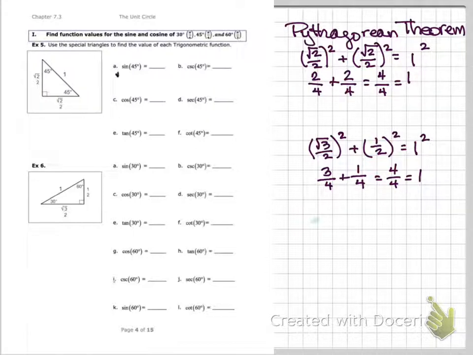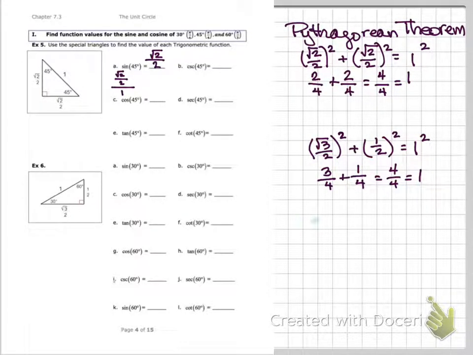We get square root of 2 over 2 all over the hypotenuse, which is 1. And so sine of 45 is square root of 2 over 2. Keep in mind if the triangle's bigger, if the sides are longer and the hypotenuse is longer, that's still going to reduce to this, square root of 2 over 2.